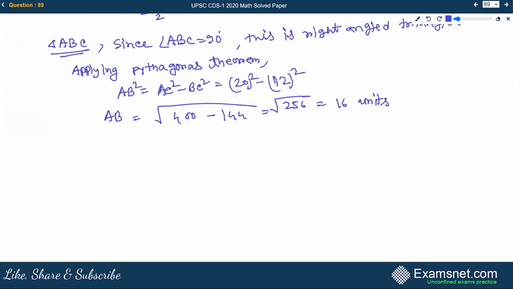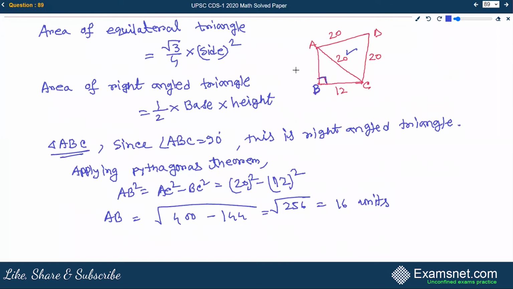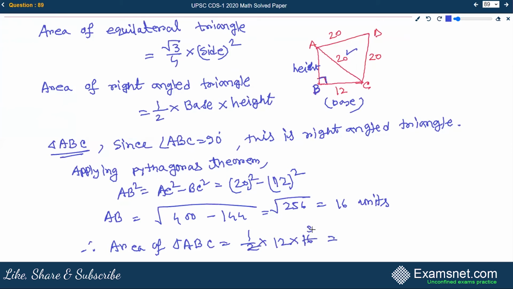So here AB is the height, and this is the base. So we can easily find the area. Area of triangle ABC is half into base into height, that is 96 square units.